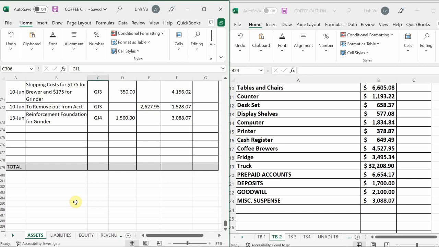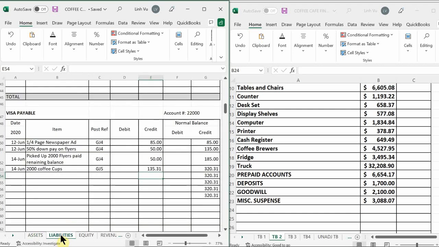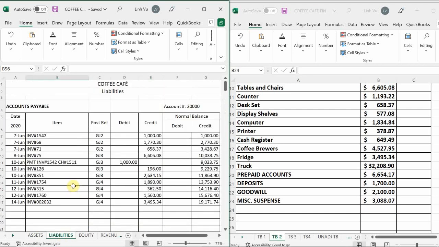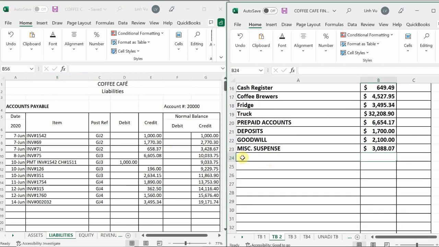Okay. Next is all my liability accounts. So first things first, make sure you're on the credit side for calculating all of these. What's my first liability? Accounts payable.